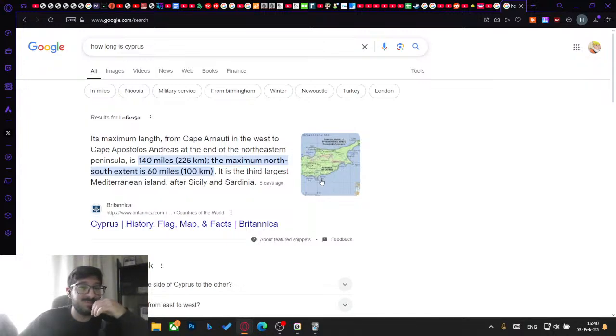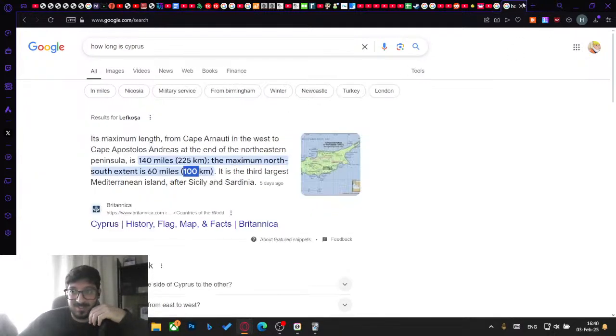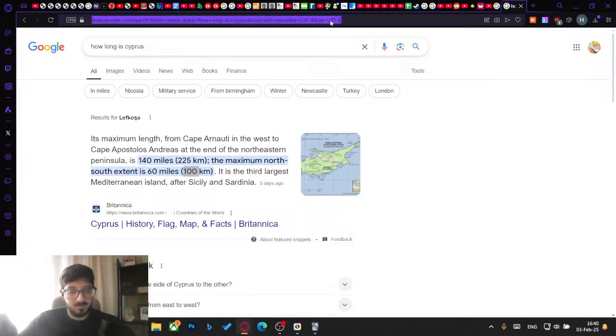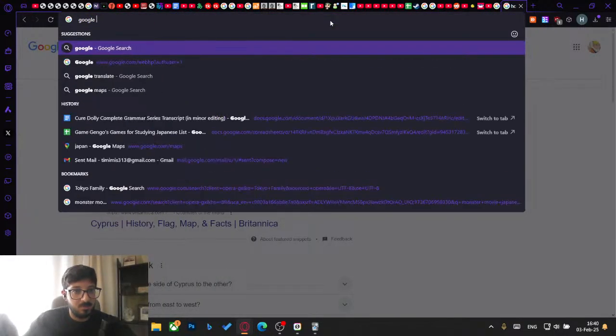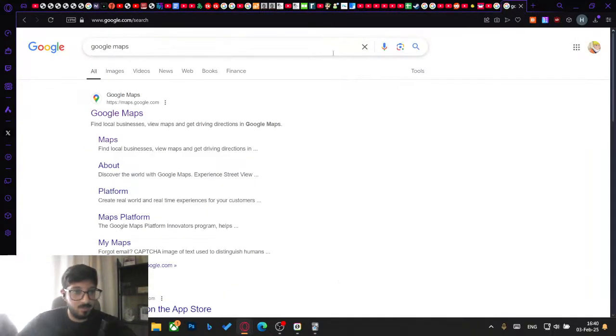Japan is about 41 times the size of Cyprus. Let's put it in Google Maps. You can actually run across Cyprus in one day.